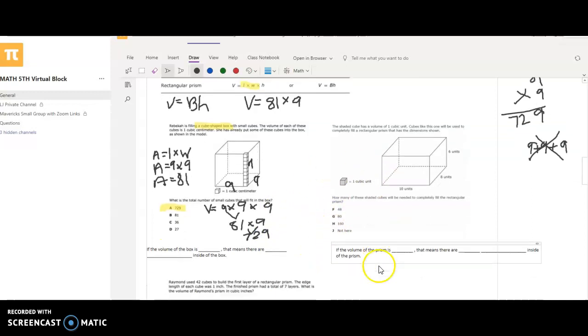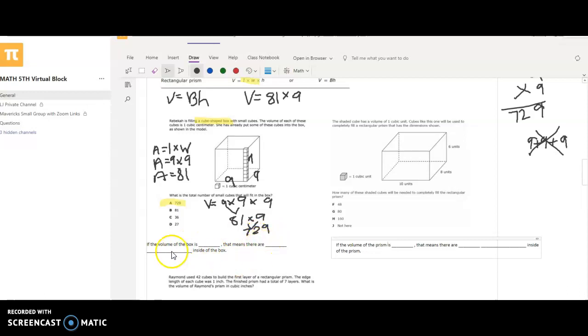So for each of these questions, I have a sentence stem. If the volume of the box is blank, that means that there are blank, blank inside of the box. Well, we know for this particular problem that the volume is 729.